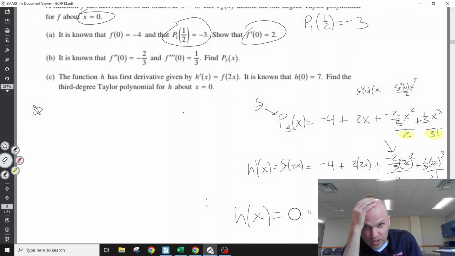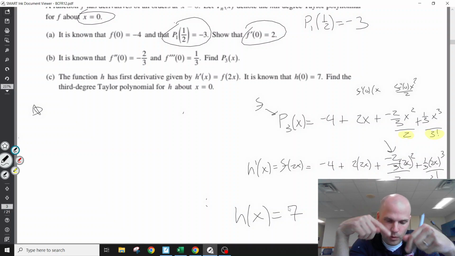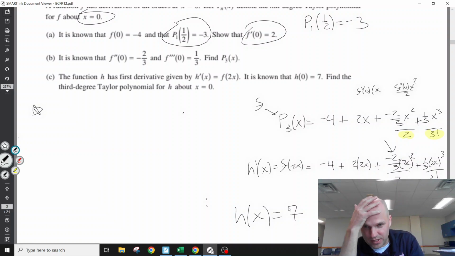Okay. Now to find h, and I only want the third degree. I know h of 0 is 7. This is the whole idea of our first value. That's the c value. When I'm taking an antiderivative, I need a plus c. So there's my c value, and then negative 4x, and then I have 4x, which becomes x squared over 2. Now this will be the tricky one because this is negative 2.